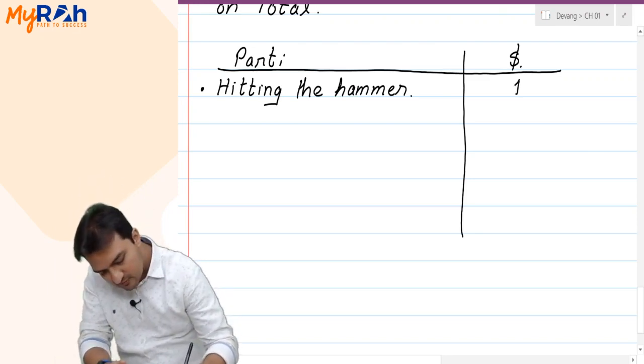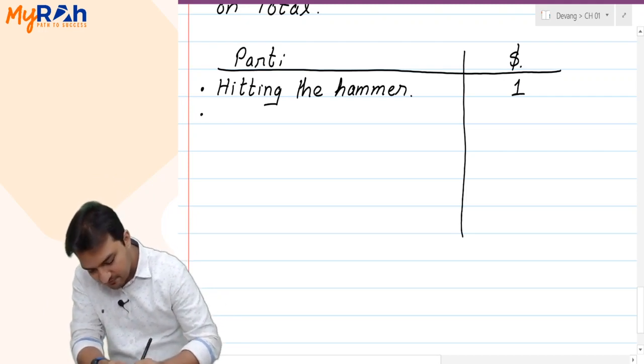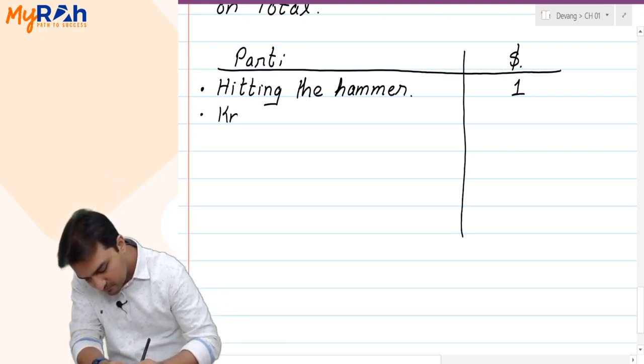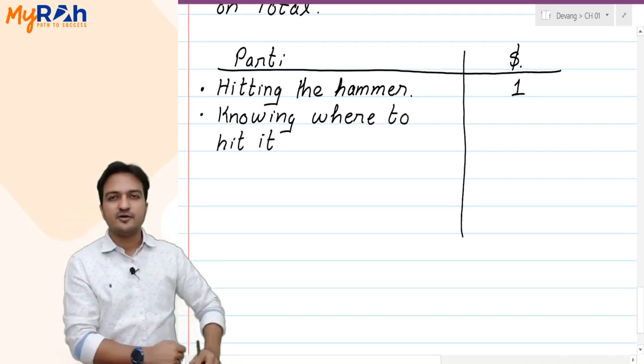Well, only $1. Second item: knowing where to hit it.